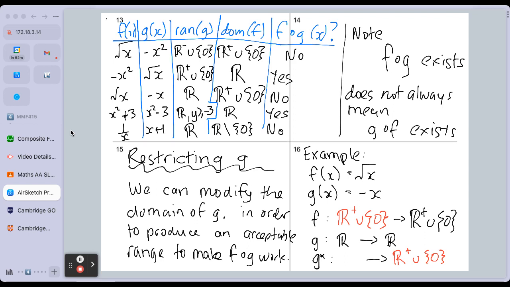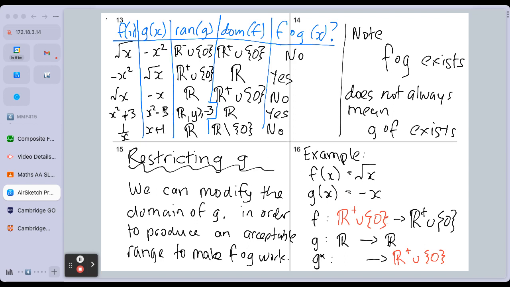So now that I know what the range is, I can step back and say, well, what does my domain have to be in order to get that? In other words, what inputs can I put in for x that'll give me a positive real number or 0? We can test the 3 again, right?